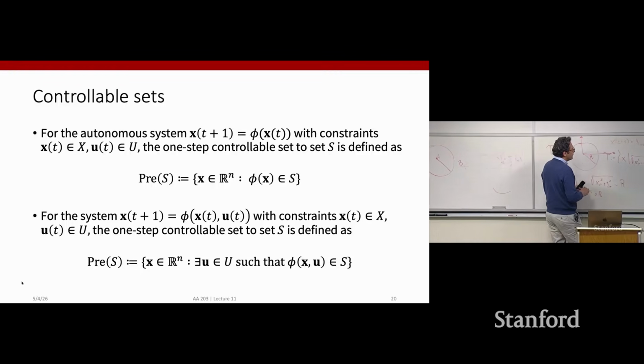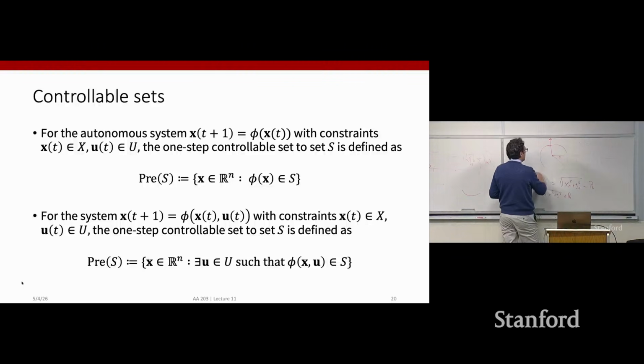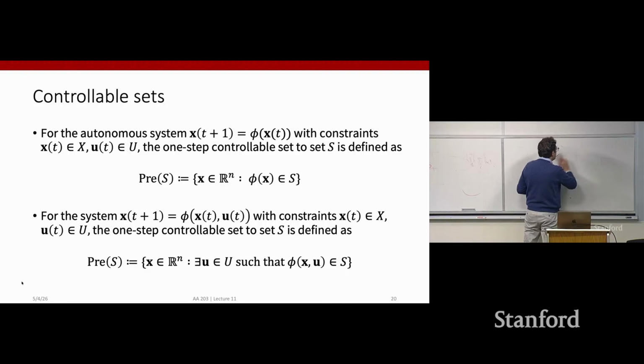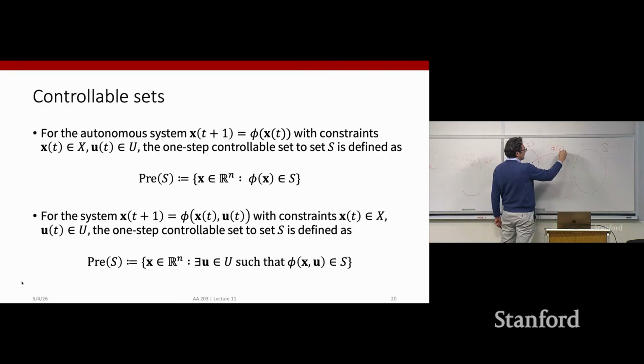Specifically, say that you're given a set S. The question that you are asking is, what is the set of states, referred to as PRE, or preview of S, such that if you start here, and then you apply your dynamics, f of x, you end up here.